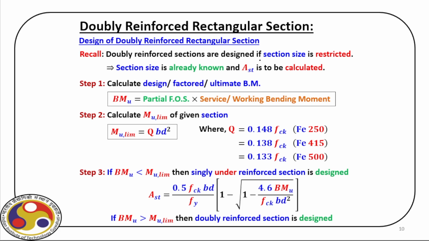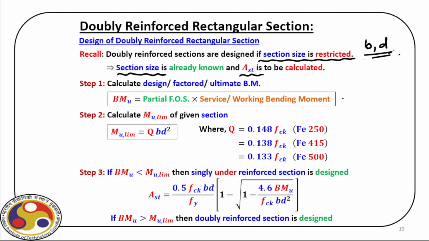Of course, we go for this doubly reinforced section if the section size is restricted and we cannot meet the external demand with the value of B and D that we select for this singly reinforced design. So normally section size is already known. Our task is to calculate AST, that is the amount of steel we provide. So the steps are as follows.